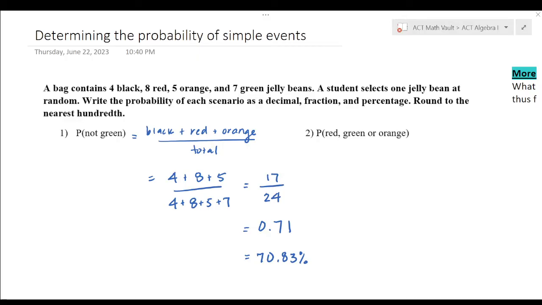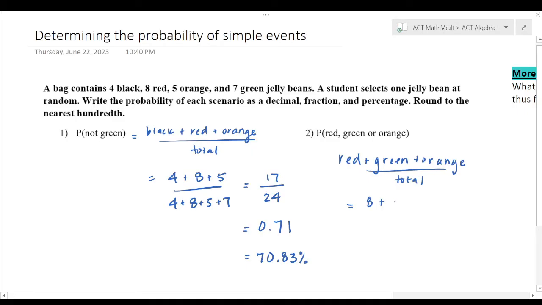So the probability of red, green, or orange would be red plus green plus orange over total. That is 8 plus 7 plus 5 over total. Now we know the total from before is 24. And 8 plus 7 is 15, plus 5 is 20.